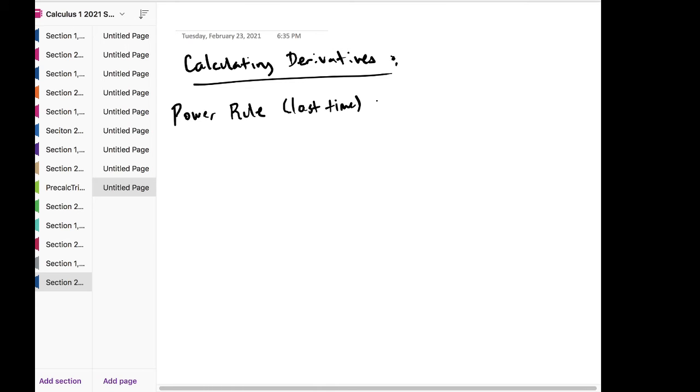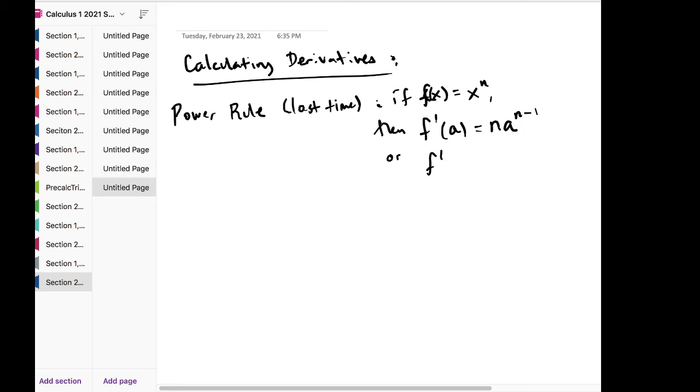That if f of x is equal to x to the n, then f prime of a is equal to n a to the n minus 1. Or f prime of x is equal to n x to the n minus 1. I remember that we did that last time.